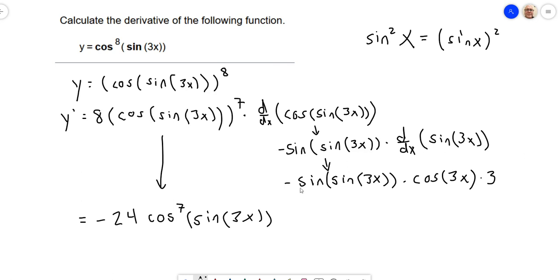Remember, I've already pulled out the negative and the 3, so that's going to be times the sine of 3x times the cosine of 3x.